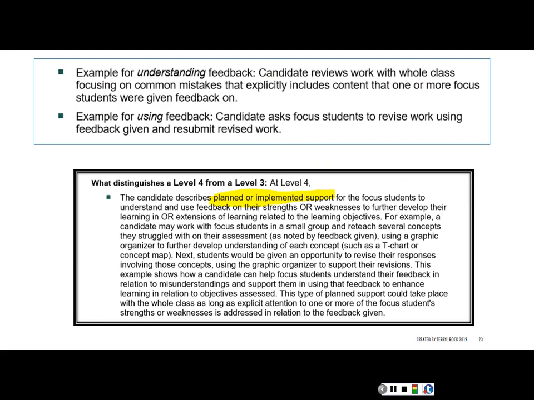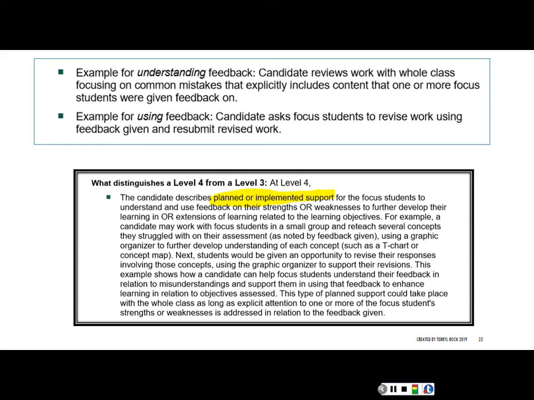Okay, so here, when we talk about understanding feedback, that means that the candidate reviews work. These are examples. Candidate reviews work with whole class, focusing on common mistakes that explicitly includes content that one or more focused students were given feedback on.